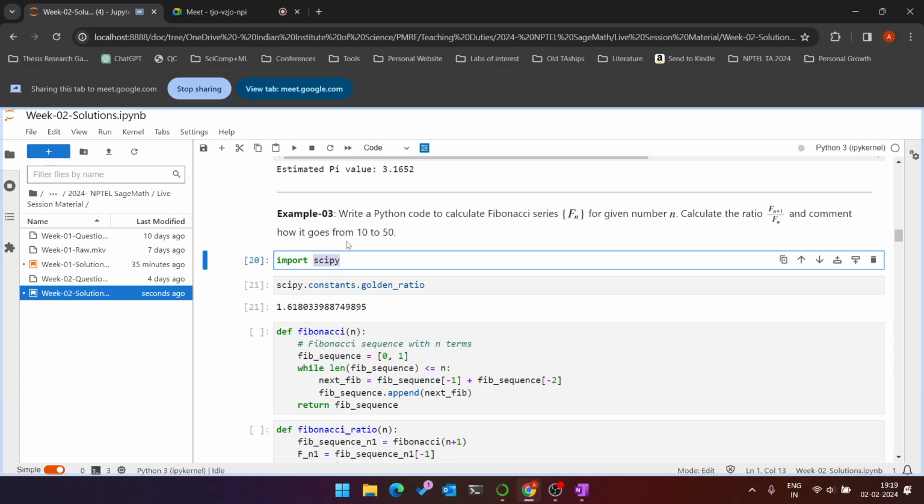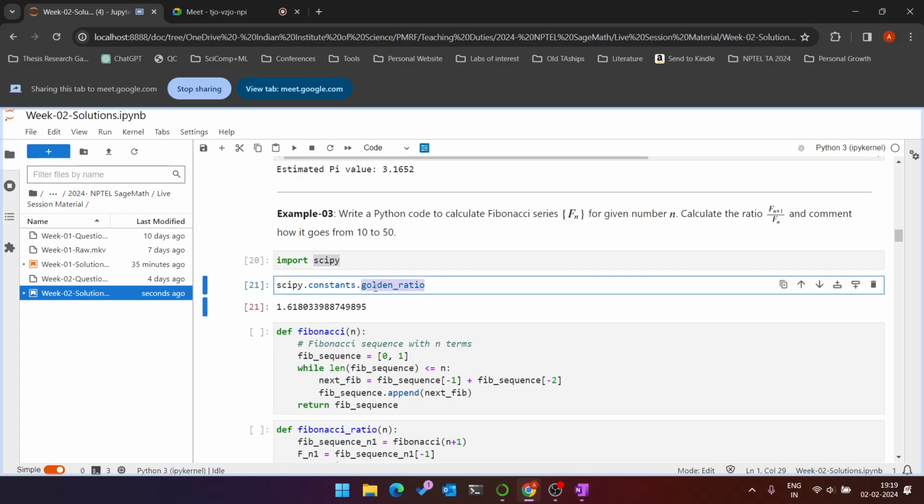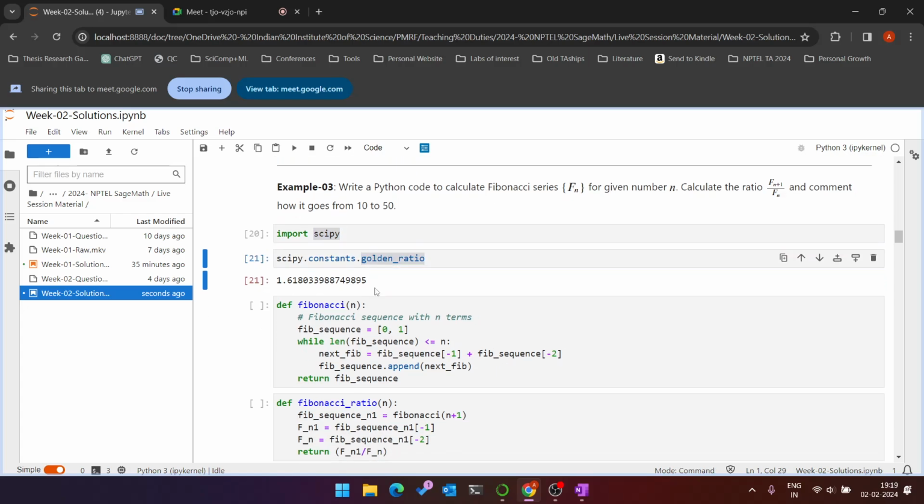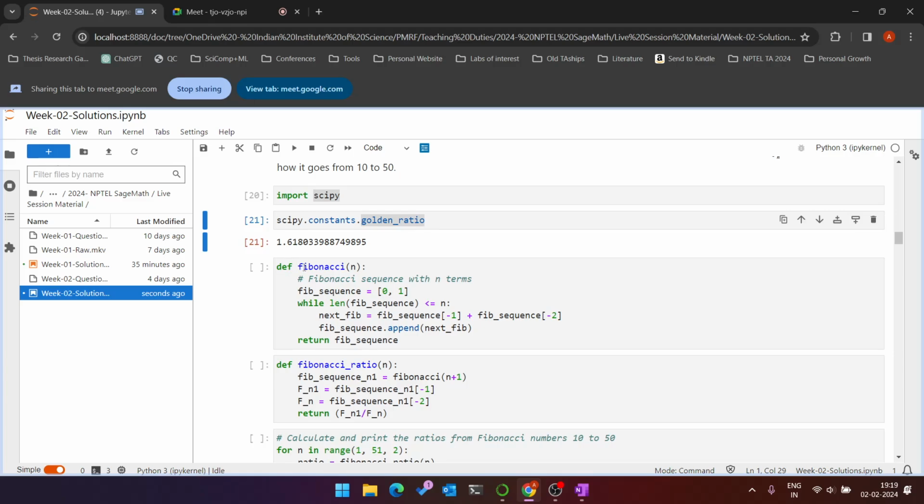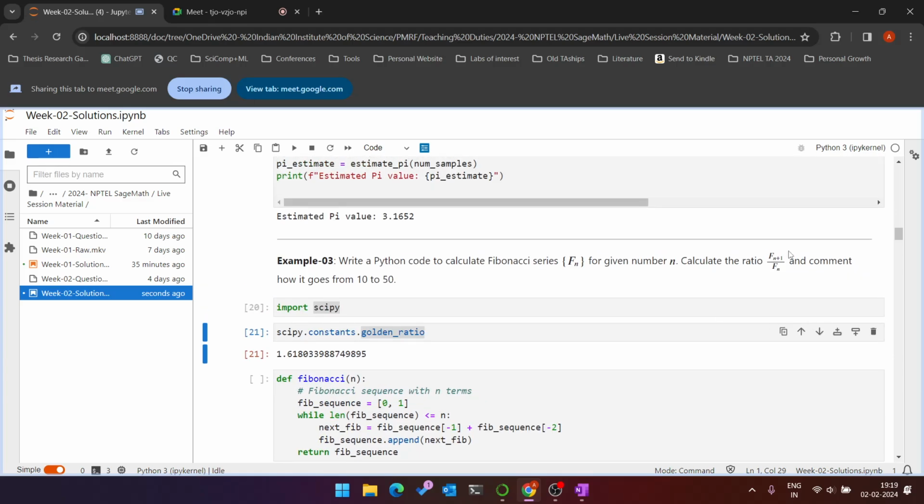I believe the SciPy module is in the upcoming week's lecture. Within the SciPy module, you have a bunch of constants that are used a lot, and one of those is the golden ratio. So we expect this ratio to converge to this golden ratio value of 1.618.